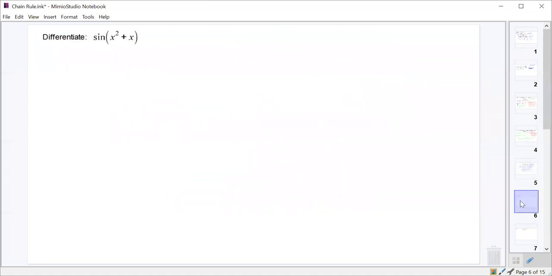All right, let's do another one. I want to differentiate sine of x squared plus x. So in terms of u, what does y equal? Sine u, with u equal to x squared plus x.